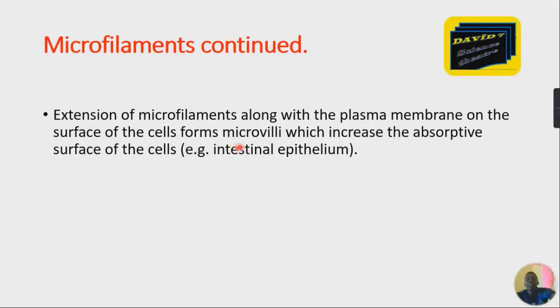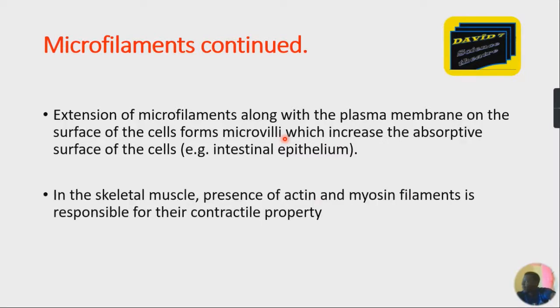For example, in intestinal epithelium, we have microvilli. Microvilli and stereocilia are not formed by microtubules, but they are formed by actin, call it microfilaments, okay? So they increase the absorptive surface of the cells. Now we have the skeletal muscle.